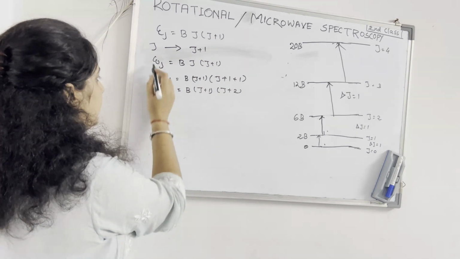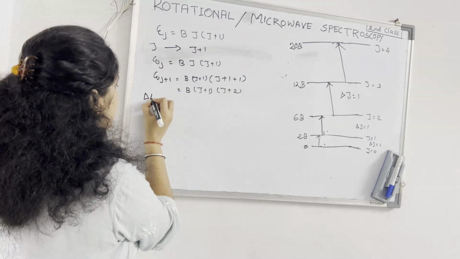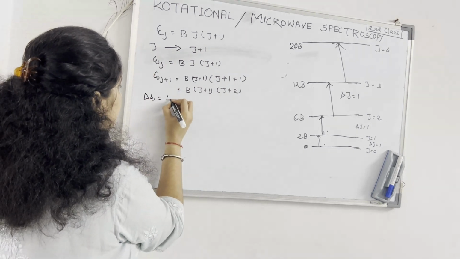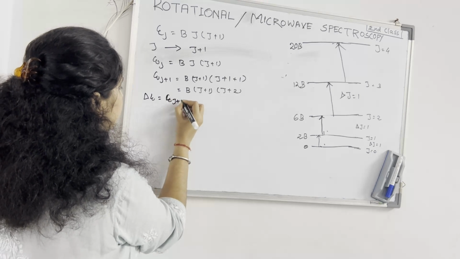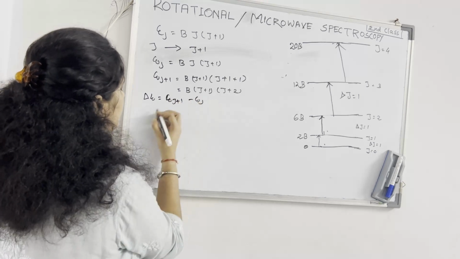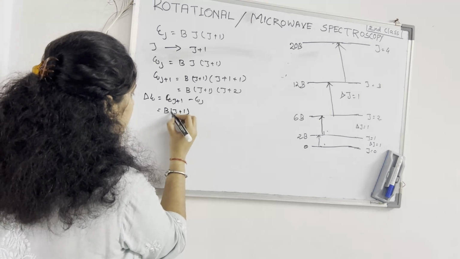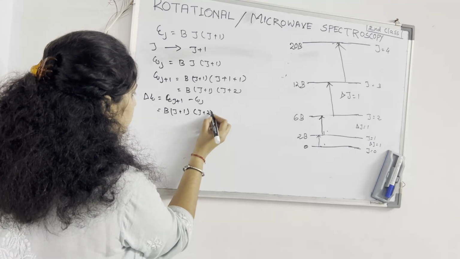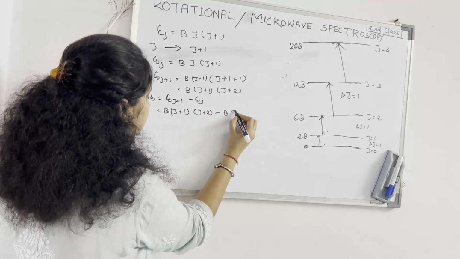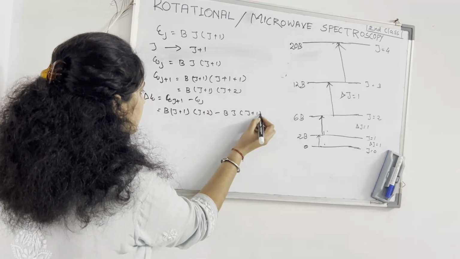Now what is the energy gap? That is del E. Del E is equal to E J plus 1 minus E J. So that is B into J plus 1 into J plus 2 minus B into J into J plus 1.